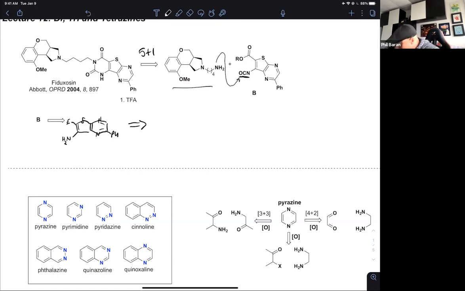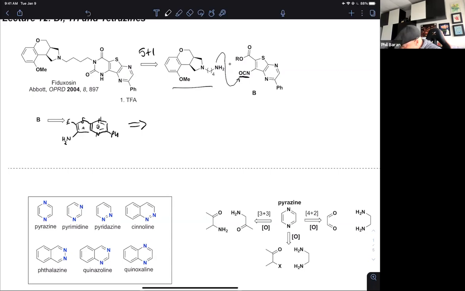So we have to think about the two heterocyclic systems that are here, A and B. We don't yet know how to make pyrazines, but we will in a moment. So because we don't know how to make them, it might make sense for us to think of it as nothing more than a simple thiophene.